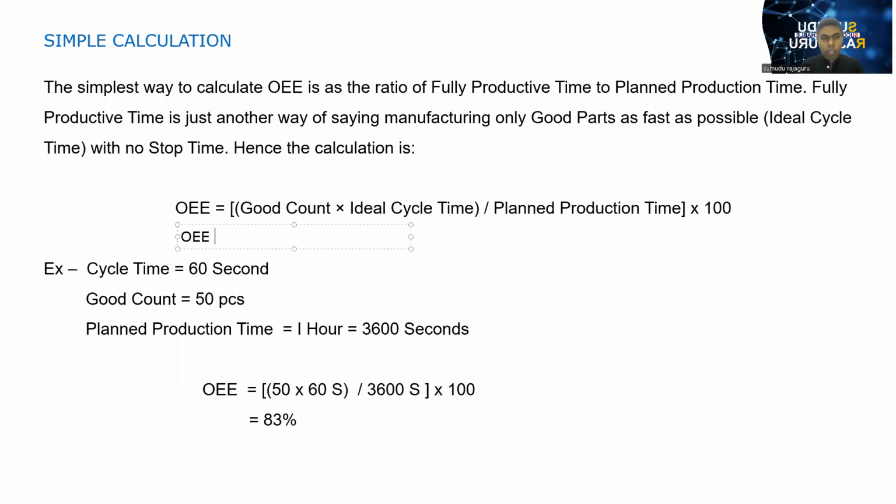OEE equals fully productive time divided by planned production time.